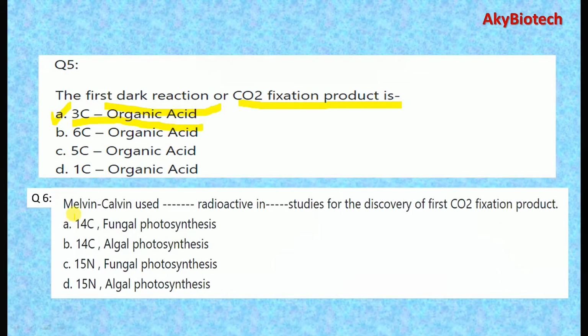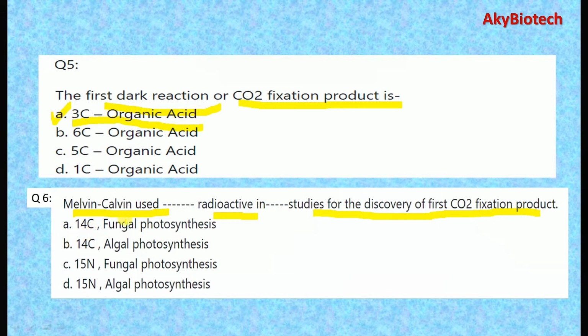Number 6. Melvin Calvin used radioactive in studies for the discovery of first carbon dioxide fixation product. So we have the four options over here. All these questions are very important. Kindly go through them thoroughly, and all these questions have been asked many times in the examination.